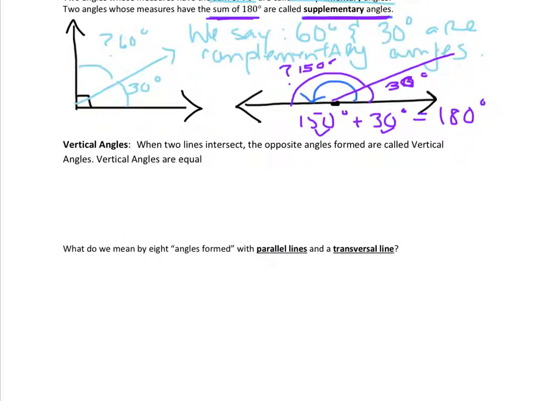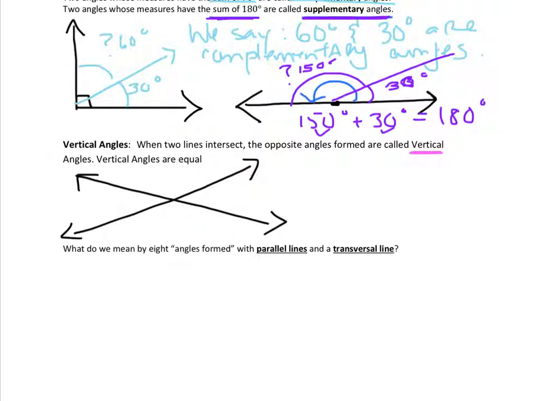Okay, so let's move on quickly to vertical angles. Basically you have two lines that intersect, and the opposite angles formed are called vertical angles. So the opposite angle: this angle is the same measure as this angle.